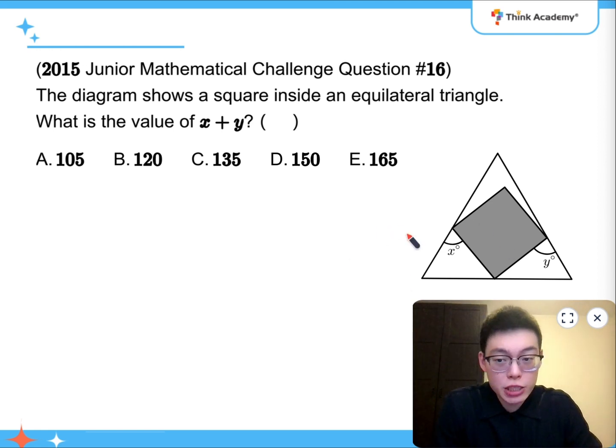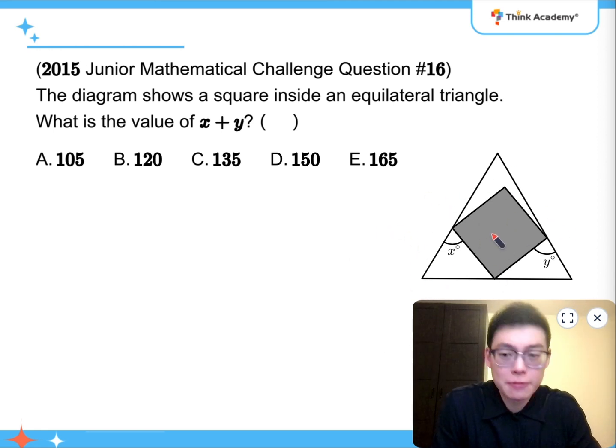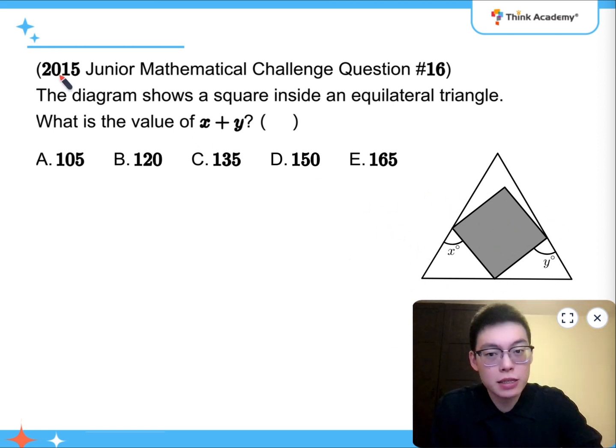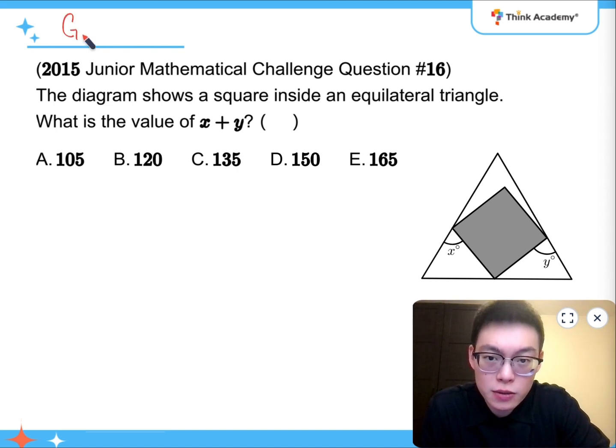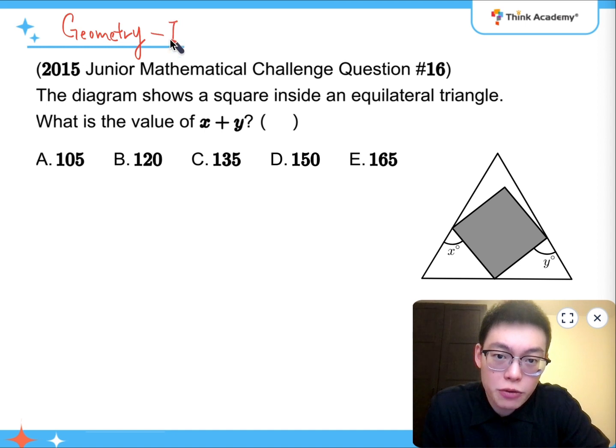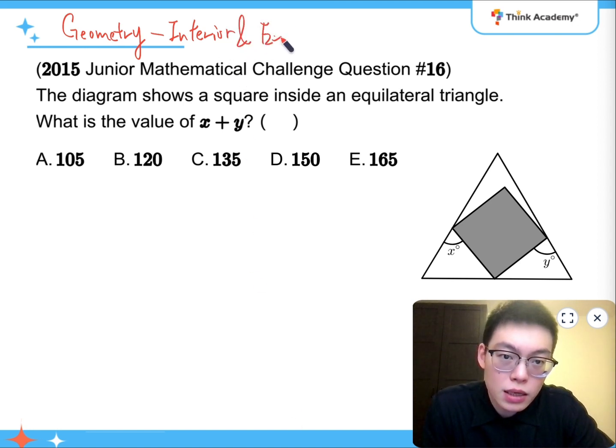So this question, obviously, if you just take a look at it, it's going to be about angles, right? So it's a geometry question. And I would say that it's on interior and exterior angles.